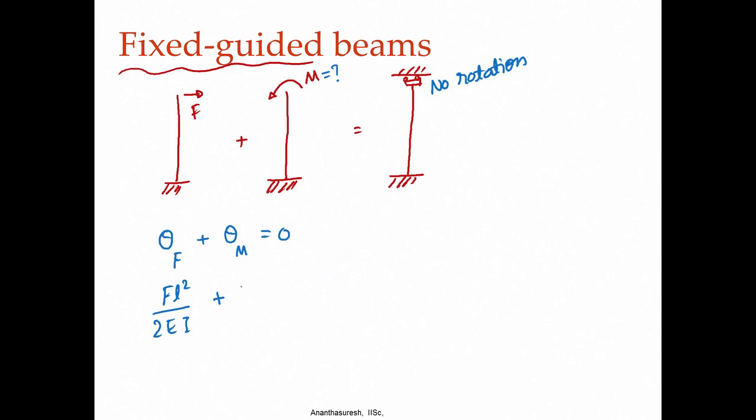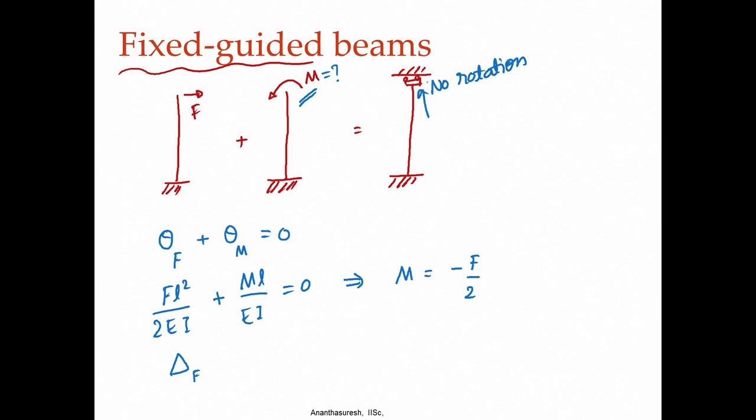So, we have ML by EI, that is equal to 0, which means that M is equal to minus FL by 2. Okay. Moment will be in the opposite direction to what we assumed there. Okay. So, now I want to know the total delta over here.